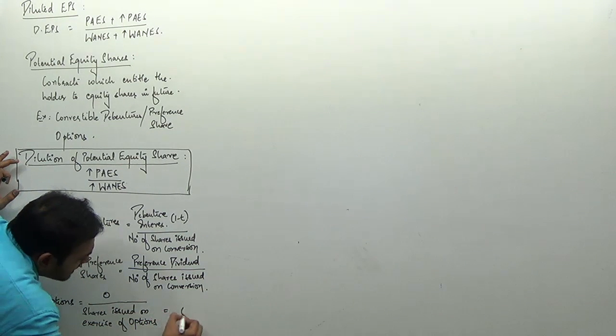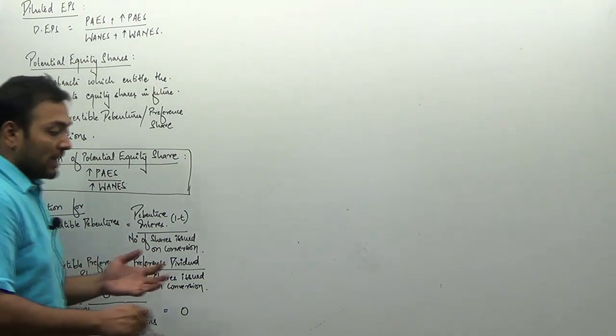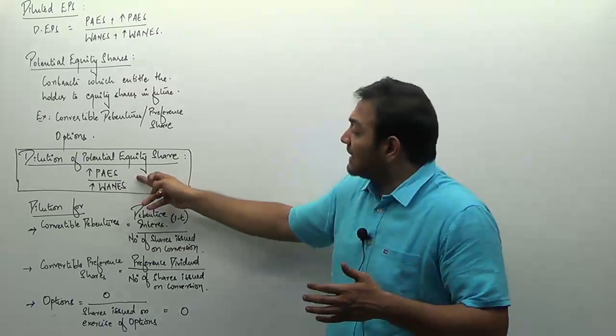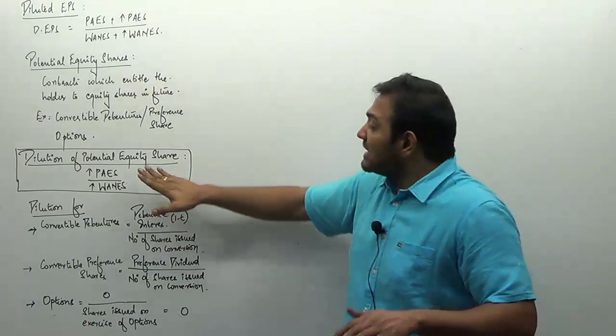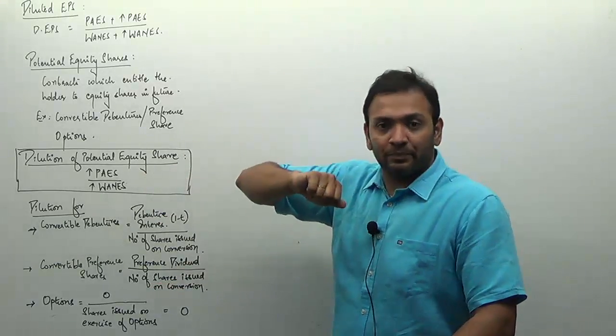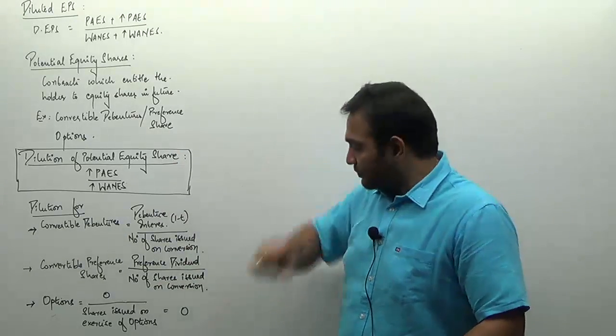Shares issued on exercise of options, 0 divided by anything is always 0. Always remember, guys, the dilution factor is denoted by increase in PAES by increase in WAES. If this is lower, the dilution impact is higher. Lower this dilution factor, higher the impact on dilution.